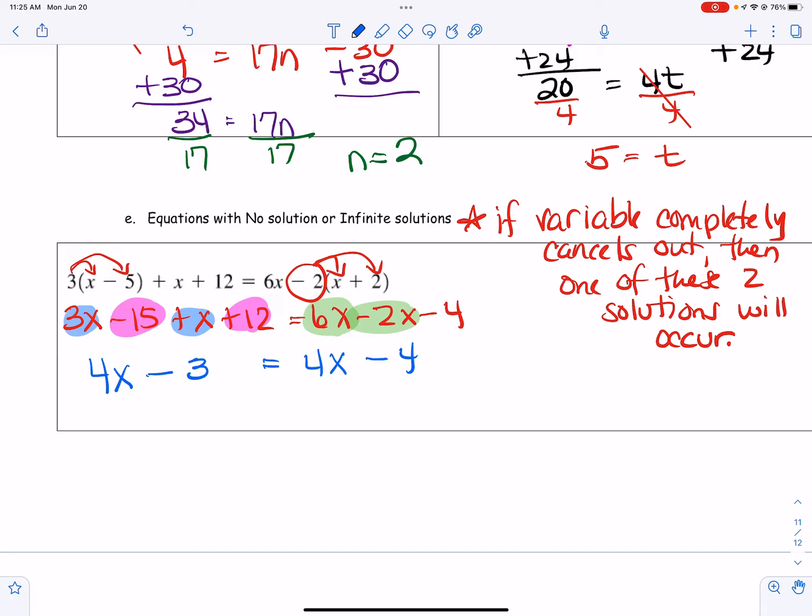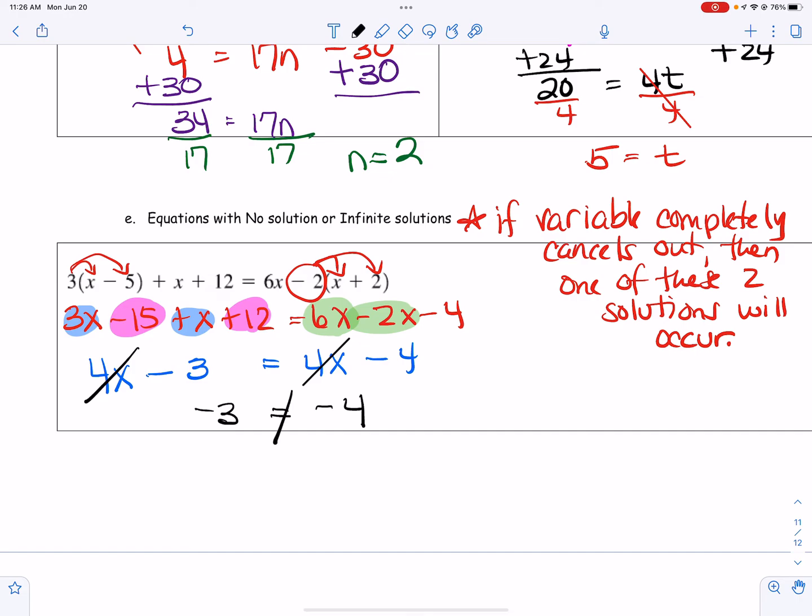Anytime you have the same variable on the left and the same variable on the right, I want you to do this. 4x is going to cancel 4x. And so now I'm left with this absurd statement. Negative 3 is equal to negative 4.